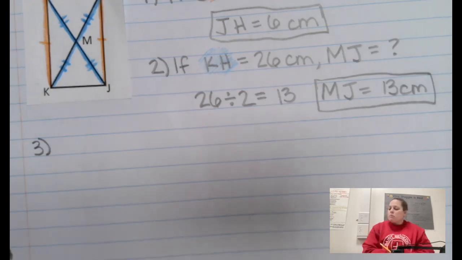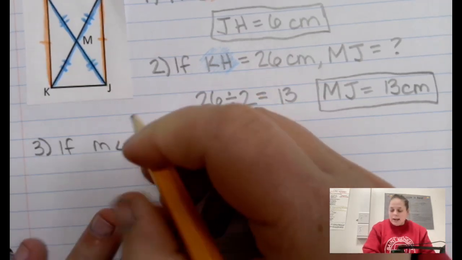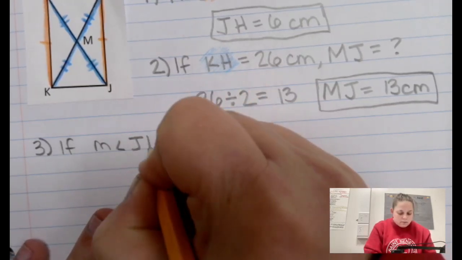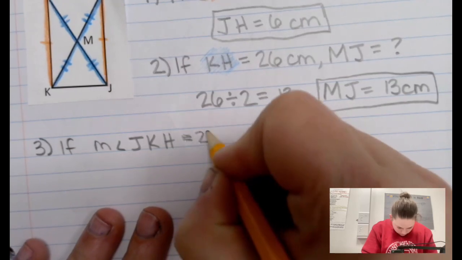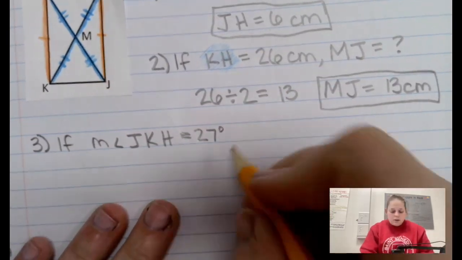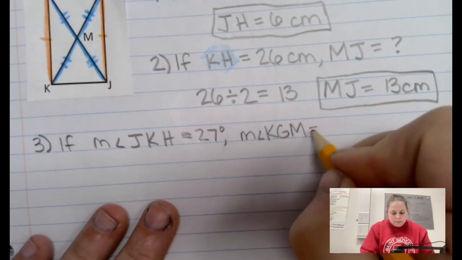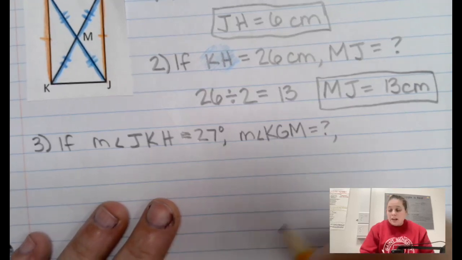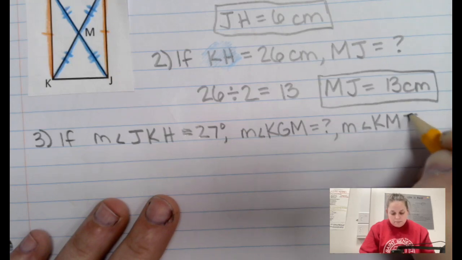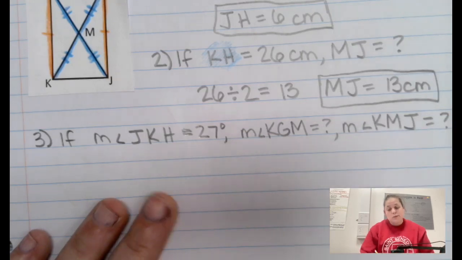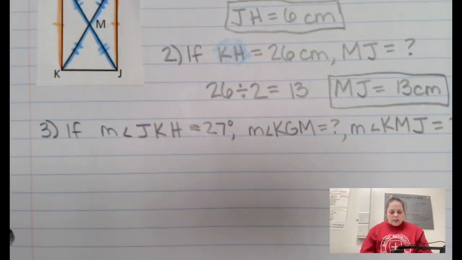It says if measure of angle JKH is 27 degrees, I want to know what is the measure of angle KGM and I want to know what is the measure of angle KMJ. So it's really 2 problems. Whoops. But we're going to pretend it's 1. Makes it more fun.